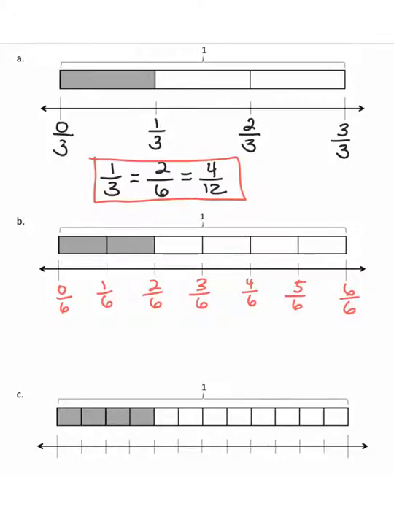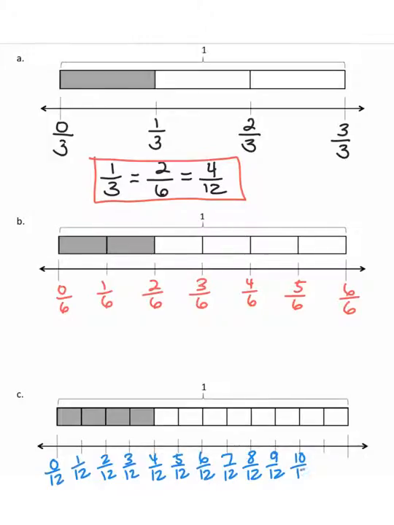So we're going to start with 0 twelfths, 1 twelfth, 2 twelfths, 3 twelfths, 4 twelfths, 5 twelfths, 6 twelfths, 7 twelfths, 8 twelfths, 9 twelfths, 10 twelfths, 11 twelfths, and a whole that would be 12 twelfths. All right, now we want to see how they are equivalent.